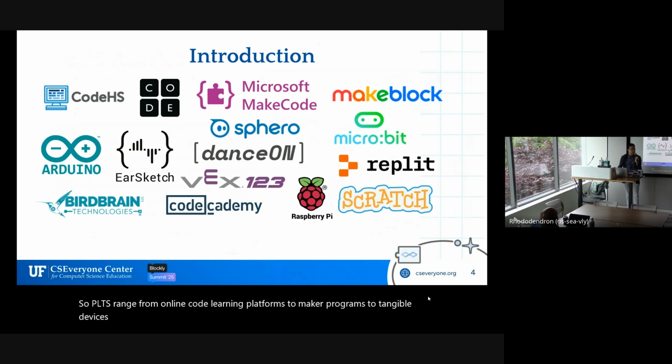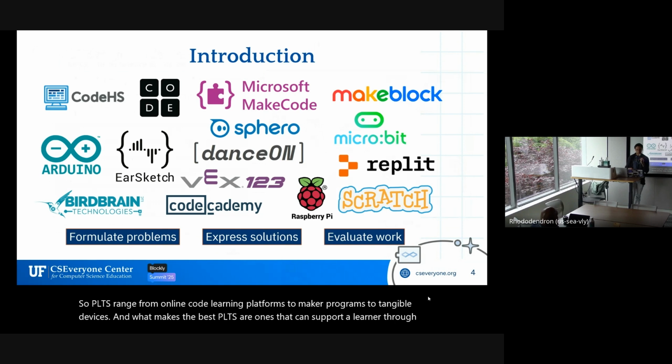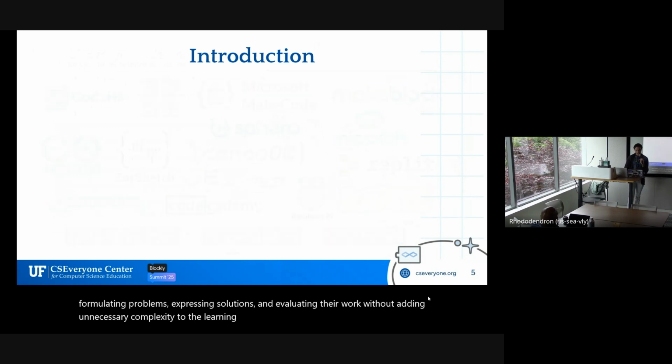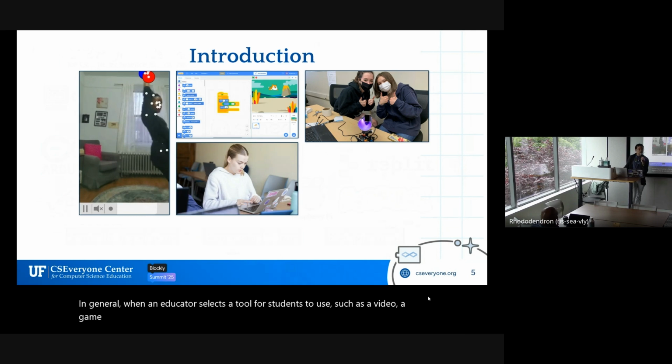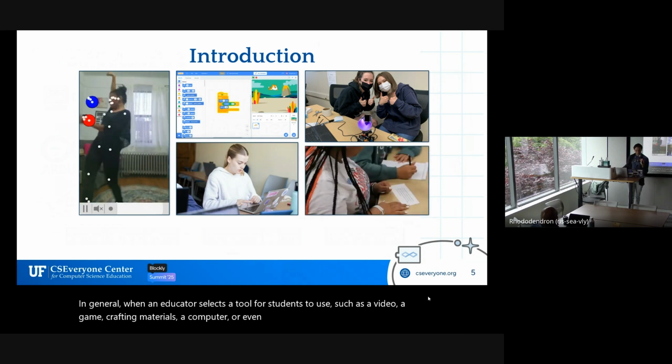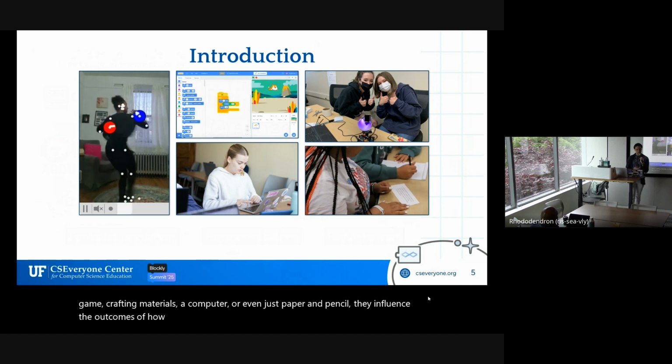And what makes the best PLTs are ones that can support a learner through formulating problems, expressing solutions, and evaluating their work without adding unnecessary complexity to the learning process. In general, when an educator selects a tool for students to use, such as a video, a game, crafting materials, a computer, or even just paper and pencil, they influence the outcomes of how students learn, retain, and are evaluated on computational principles.